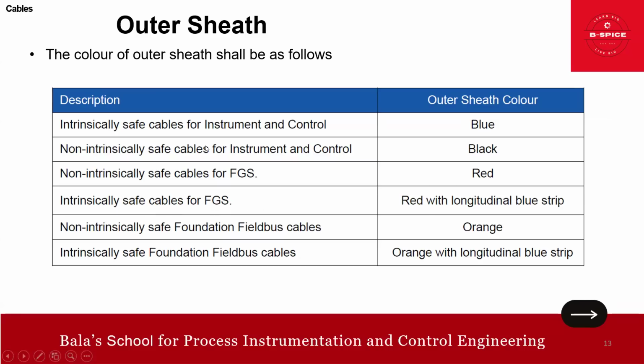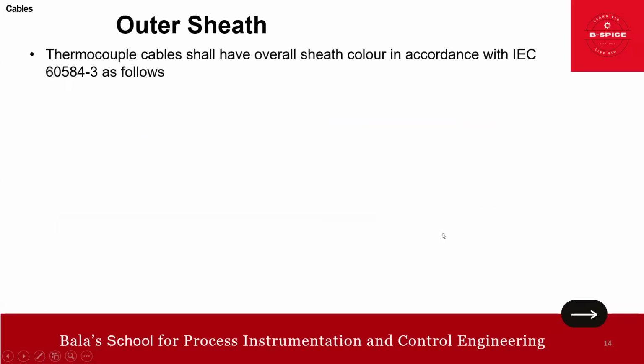So IS is very straightforward, blue; non-IS, black; non-IS for FGS is red, but IS for FGS is red with a longitudinal blue strip. Then non-intrinsic foundation fieldbus is orange, and IS foundation fieldbus is orange with a longitudinal blue strip. That's it, friends. This is the difference for the outer sheath.